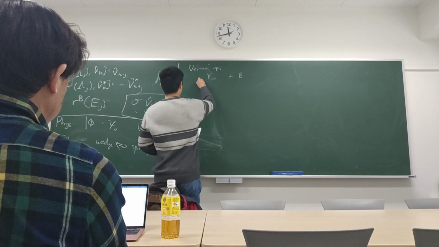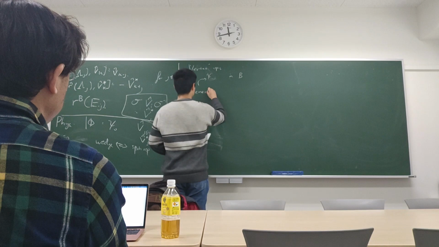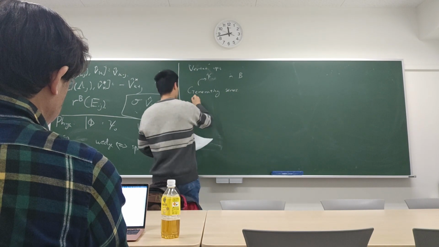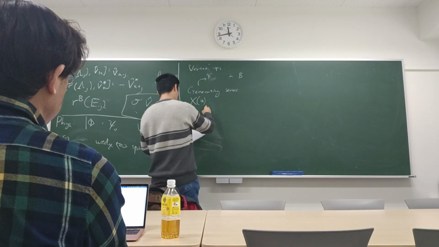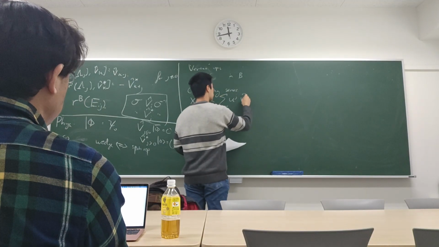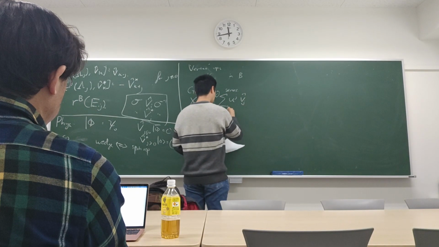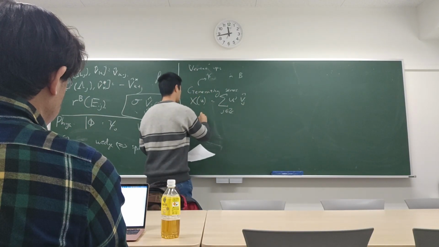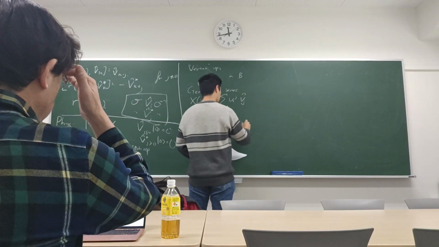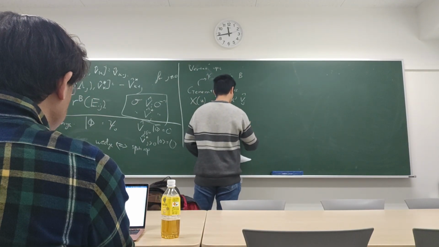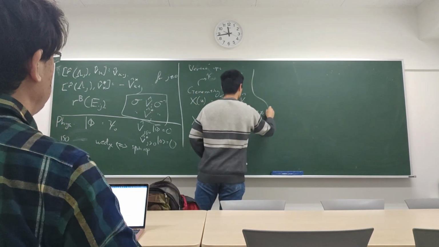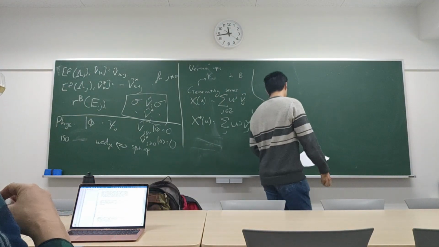So in order to help with this problem, we introduce a generating series. We define this generating series X(u) to be the sum of u to the j power times v_j.